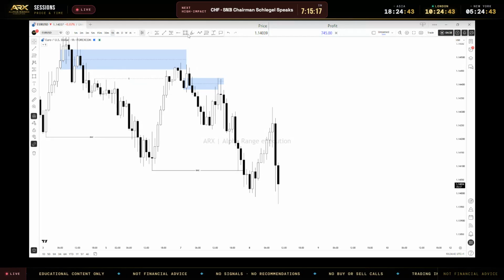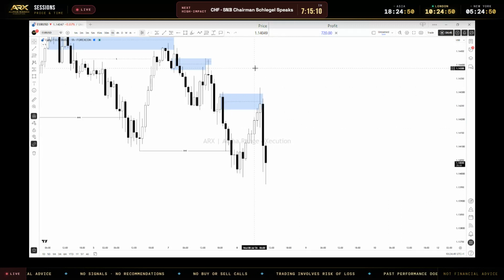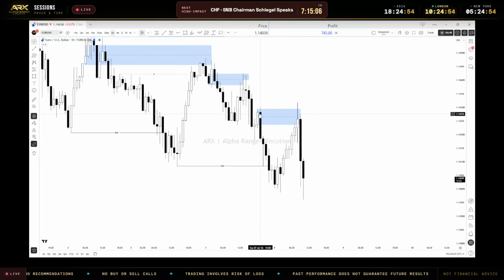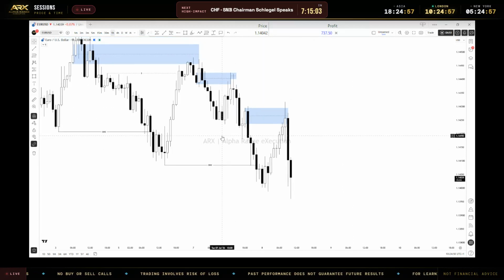How many people are waiting to sell here, with stop losses above? They get swept out, and then the move happens. That's exactly what he expected. He expected these levels to be taken out, because if you see the move, that move breaks this internal structure.